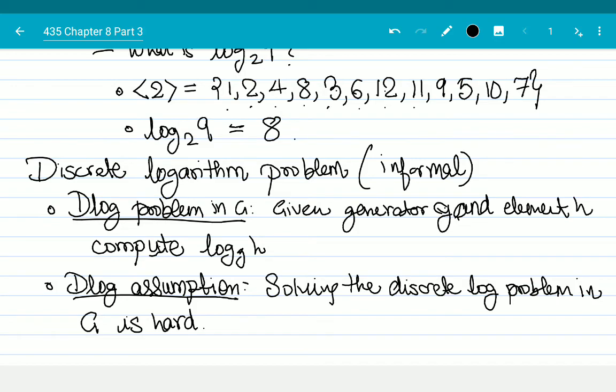I will not formally define the discrete log problem right now, because the Diffie-Hellman problem is based on the discrete log problem. You'll probably need a refresher for that anyway on Tuesday after the exam, so I'm not going to go into that right now.